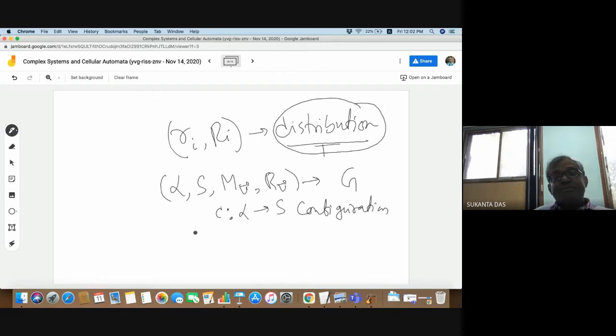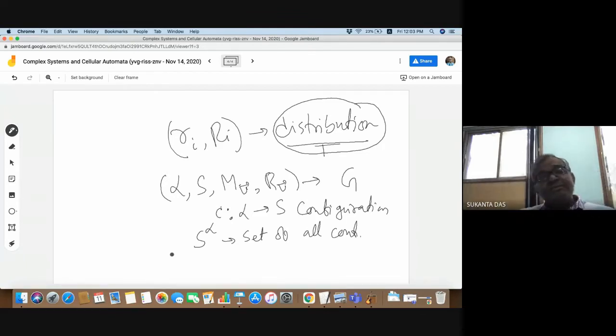If I consider S to the power L, what does it mean? It is the set of all configurations, right? Therefore I can consider that a CA hops from one configuration to another configuration.